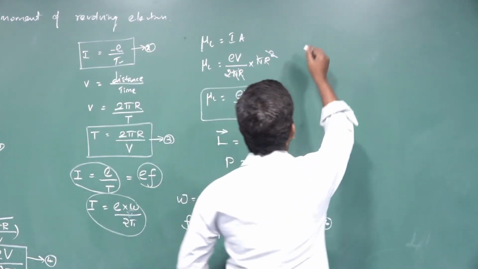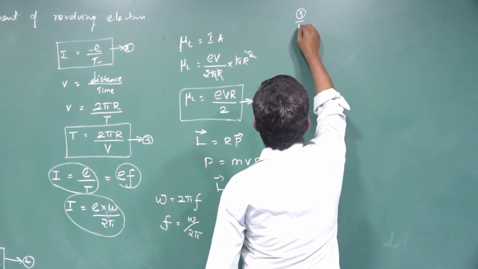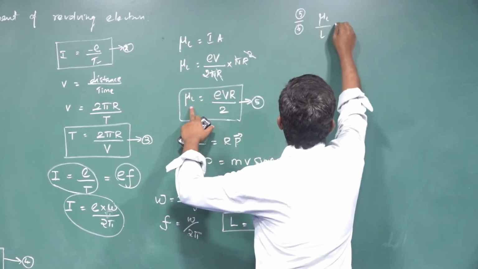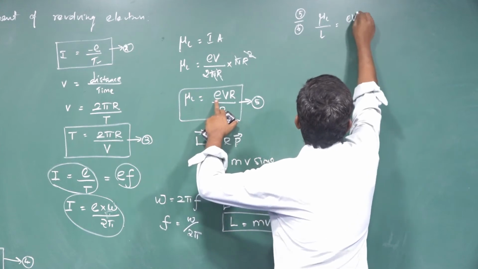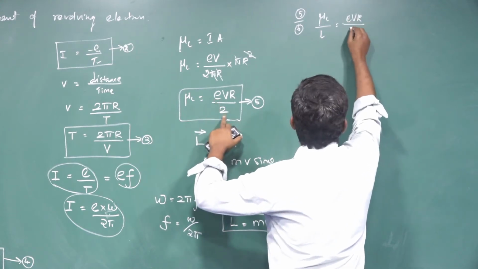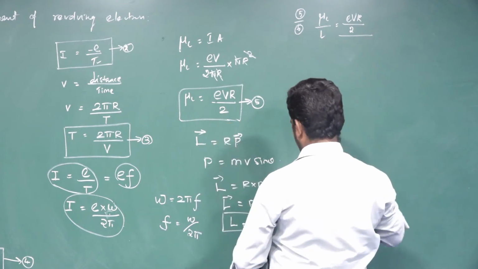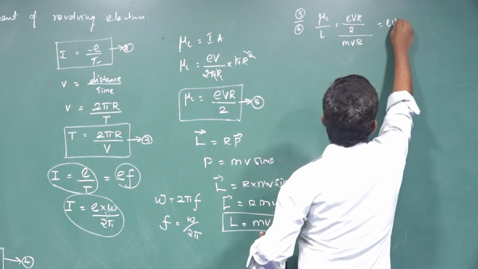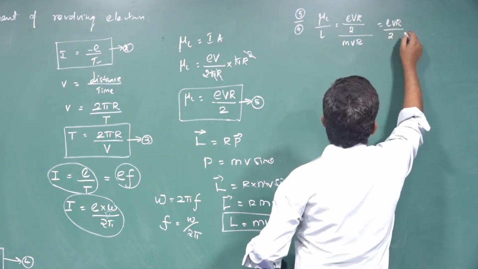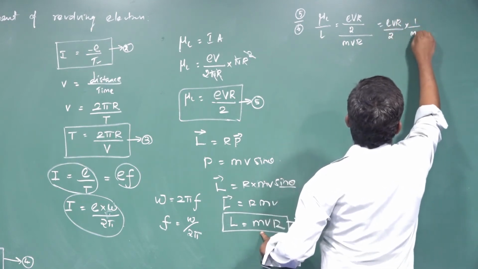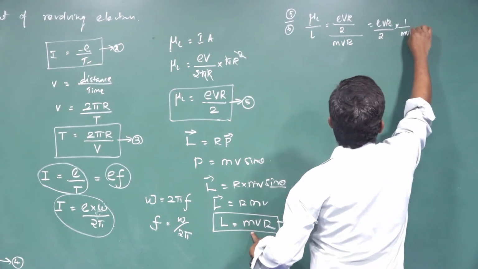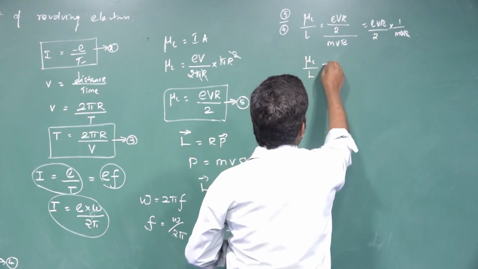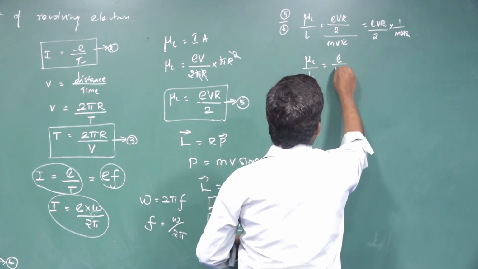Equation number 5 divided by equation number 6: mu L divided by L is equal to evr divided by 2, whole divided by mvr, which is evr divided by 2 into 1 divided by mvr. So r and v cancel. Mu L divided by L is equal to E divided by 2m.